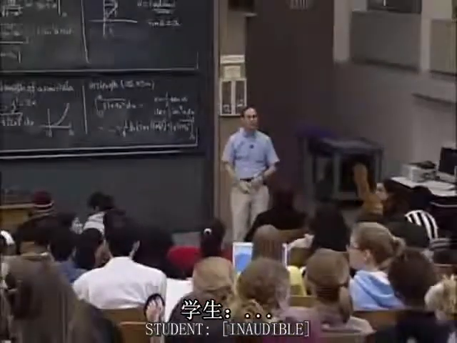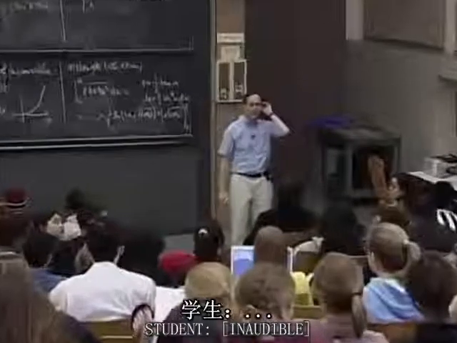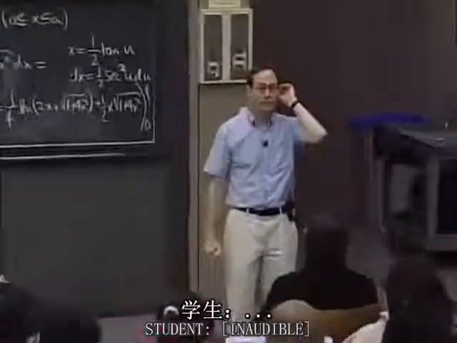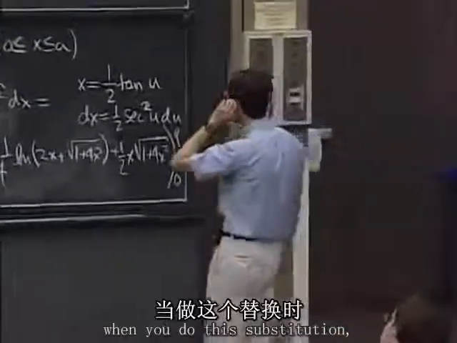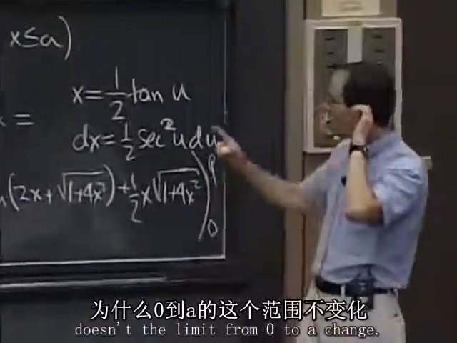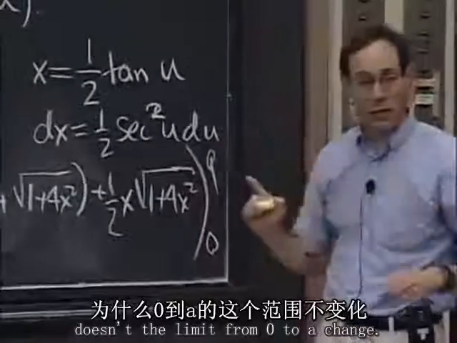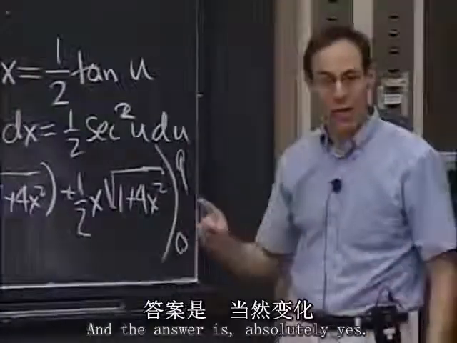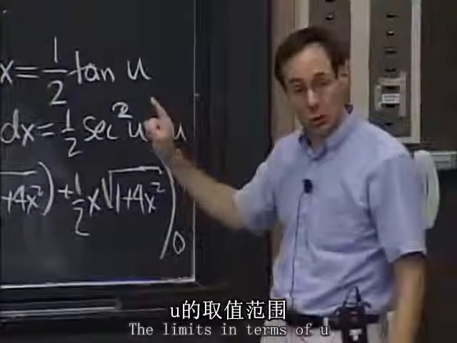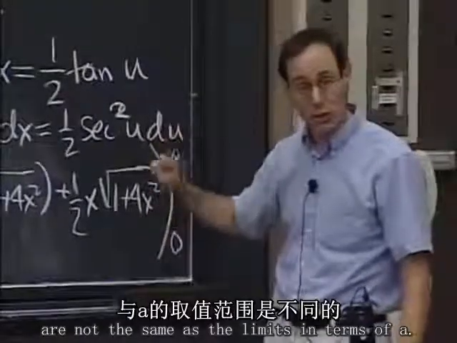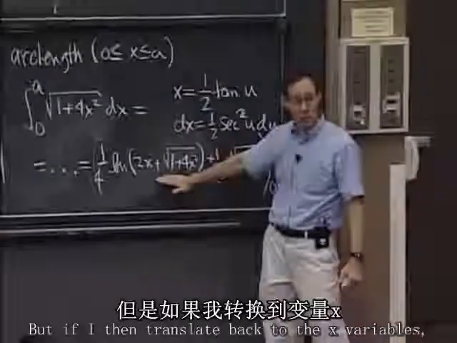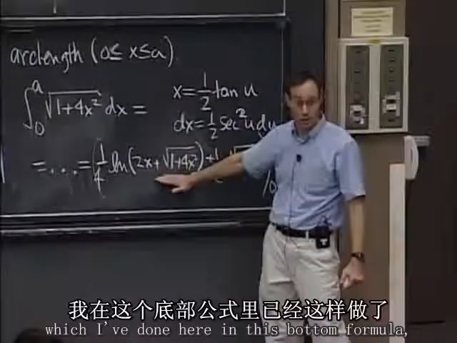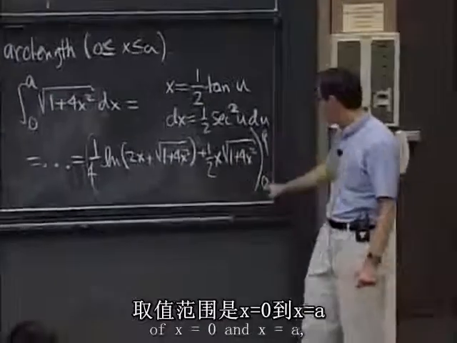When you use the substitution, does the limit from 0 to a change? The question is, when you do the substitution, doesn't the limit from 0 to a change? And the answer is absolutely yes. The limits in terms of u are not the same as the limits in terms of a. But if I then translate back to the x variables, which I've done here in this bottom formula, I have x equals 0 and x equals a.